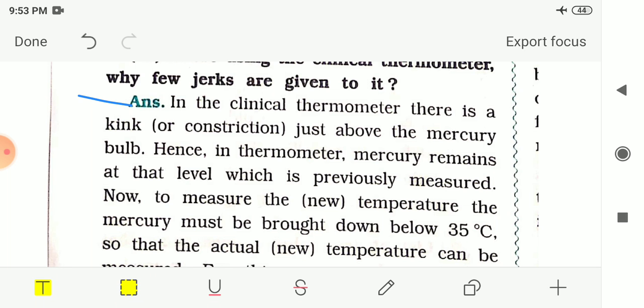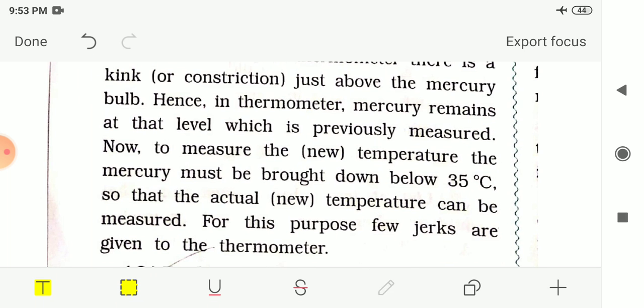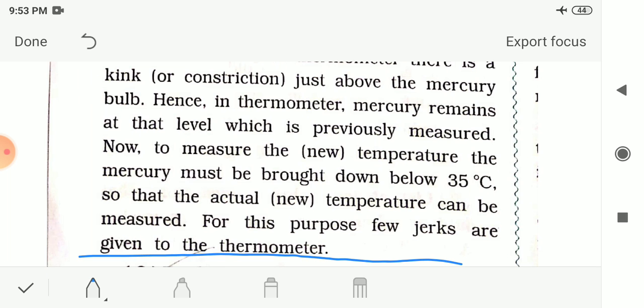So to measure the new temperature, the mercury must be brought down below 35 degrees Celsius. Otherwise it will show 37 degrees Celsius, a wrong reading. So that the new temperature can be measured, a few jerks are given to the thermometer.